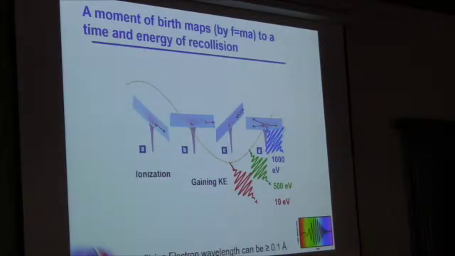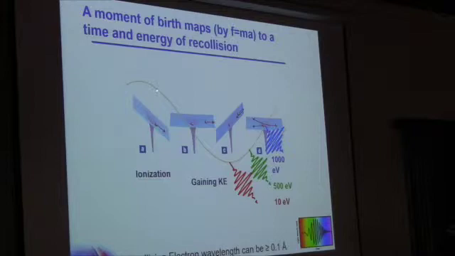Okay, so what Kaldis didn't understand, what he didn't recognize, is the next step. So here is this classical-like view of an atom. I told you that a moment of birth maps by F equals ma to a trajectory of the electrons.